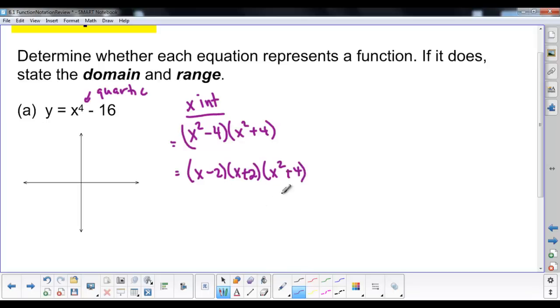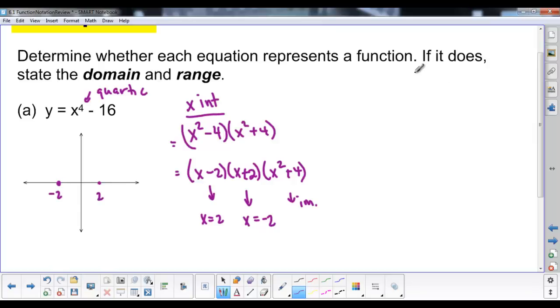To find my zeros, here I would have x equals 2, here x equals -2, and here this is an imaginary root, so we can leave that alone. The first thing I'm going to plot is our x-intercepts at -2 and 2. We can find our y-intercept by letting x equal 0. So our y-intercept is -16.